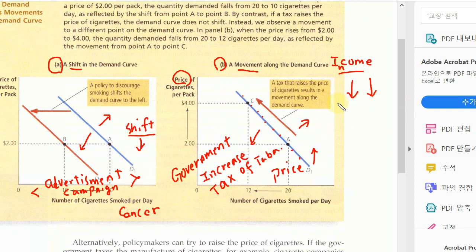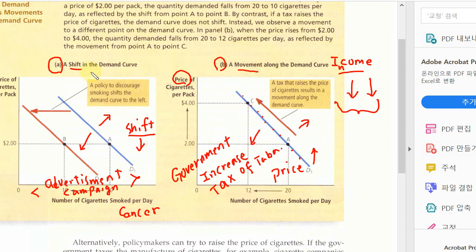In this case, once a factor which is not shown in the graph influences demand, the demand curve will shift, not move along the curve. So we have distinguished the two concepts of demand curve variations. One variation is a shift, another variation is a movement.